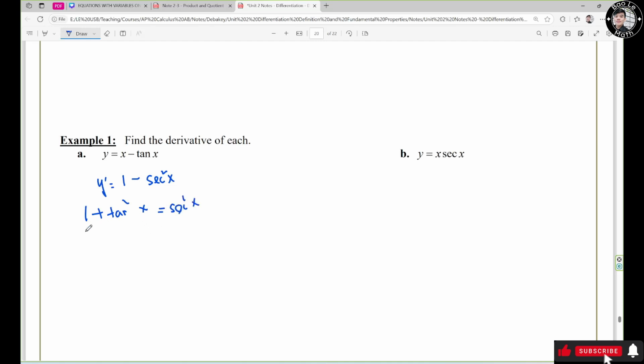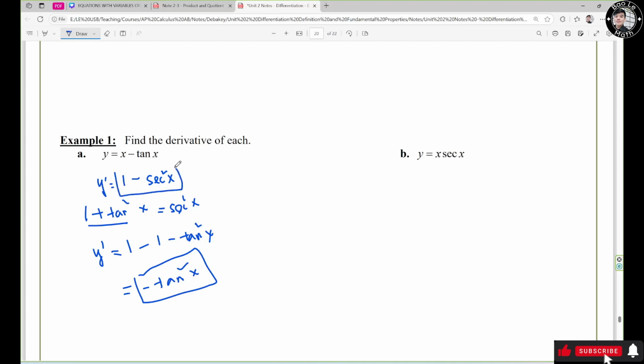Then I substitute this for secant squared of x, so I have y prime equals 1 minus secant squared, which is negative tangent squared of x. Alright, this one or this one, they both work.